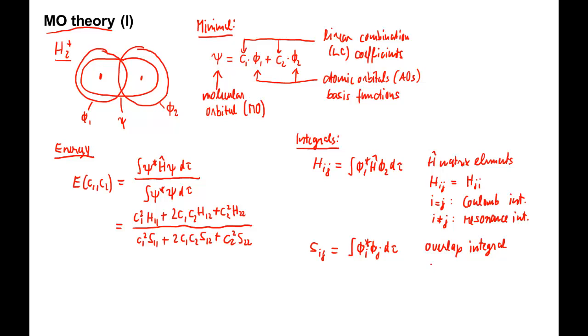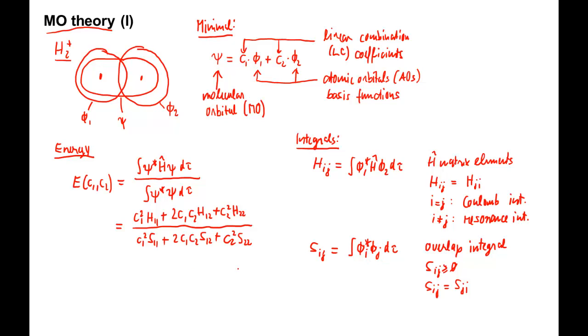In general, it is a non-negative number, so Sij is greater than or equal to 0. Also, Sij equals Sji. If S is 0, it means that there is no overlap at all between the two functions, and a positive value means the two functions overlap in space. If i equals j, then this is the normalization integral. If the basis functions phi i and phi j are normalized, then the integral can be maximally 1.